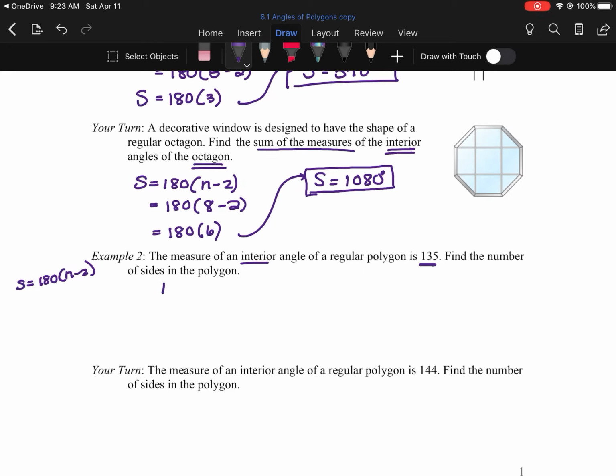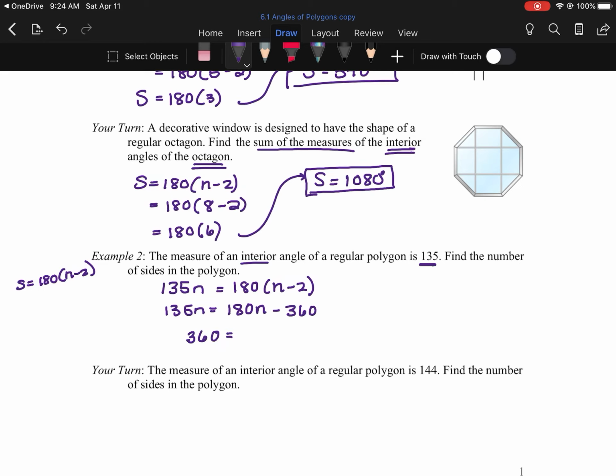So we're going to substitute 135n in for S, and that's going to equal 180 times n minus 2. And now all we have to do is solve this for n. So I get 135n equals 180n minus 360. I'm going to move my 360 to the left so that it's positive.